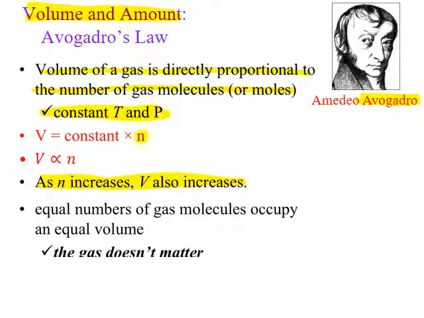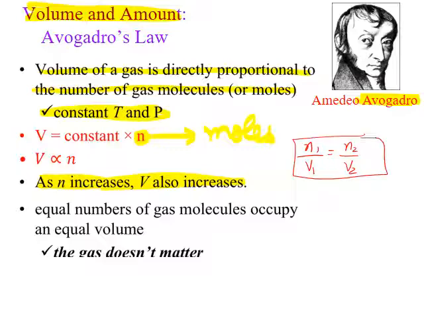Here the small n stands for moles, an abbreviation very commonly used for moles. If we were to write this law, it can be written as n1 over V1 equals n2 over V2. So this would be Avogadro's law.